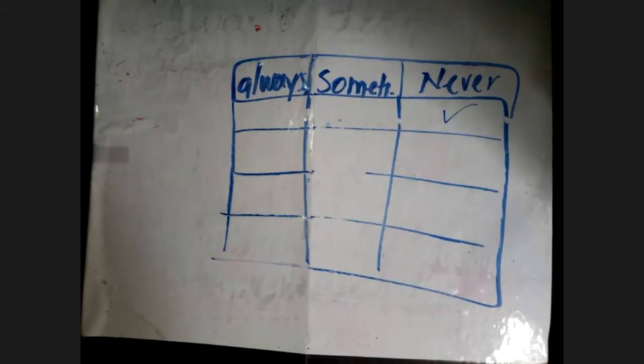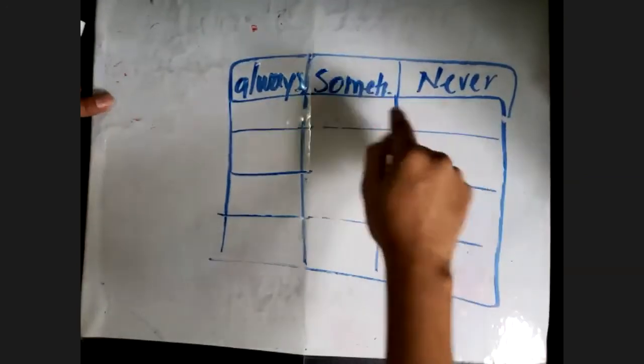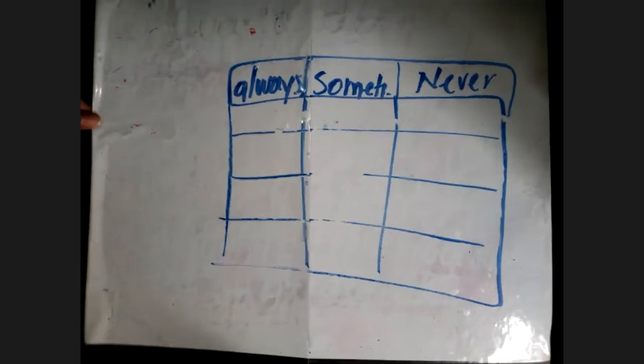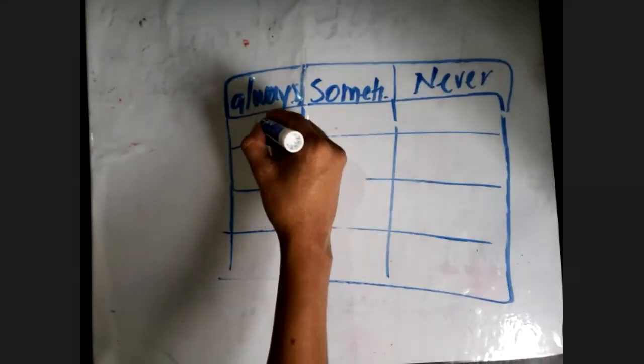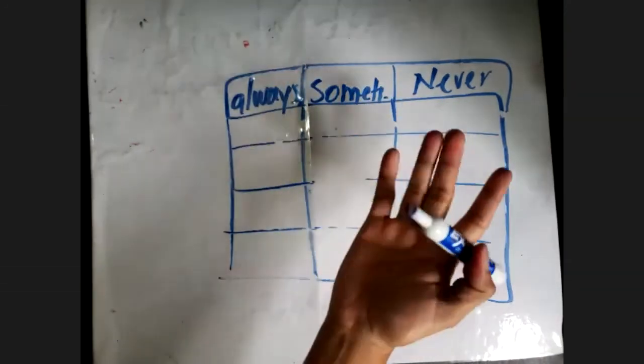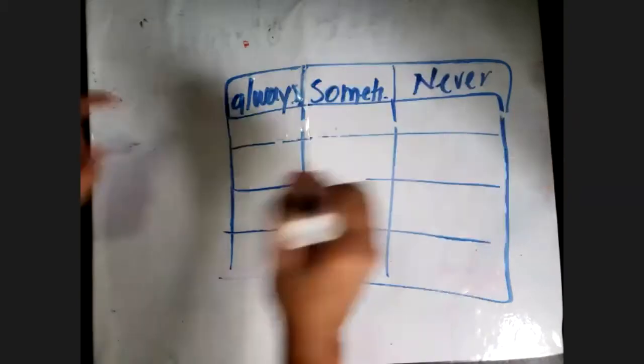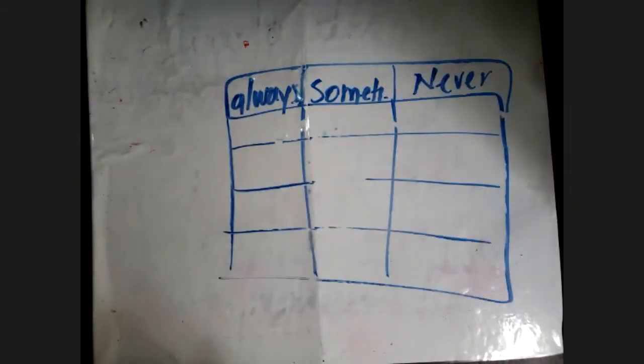Okay, so you don't have to say the answer. Individually, put the check in the square that is correct for you. If you can always subtract, this one. If you sometimes can subtract, but sometimes you cannot, this one. And this one, never. You don't know how to subtract at all. No puedes hacer resta nunca, never.